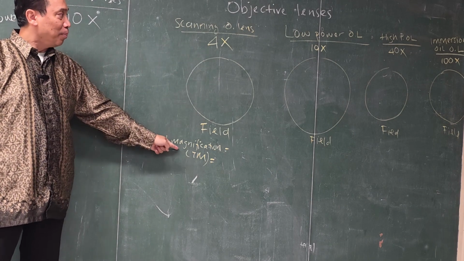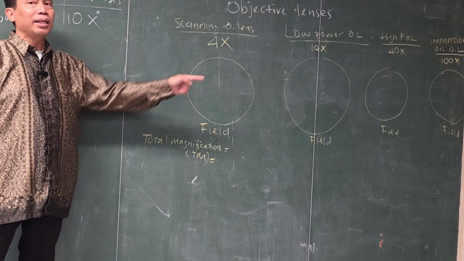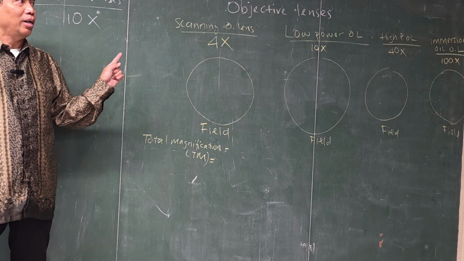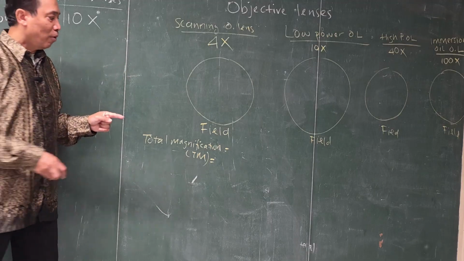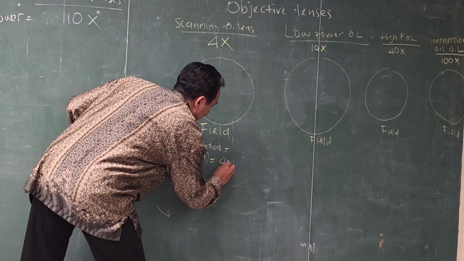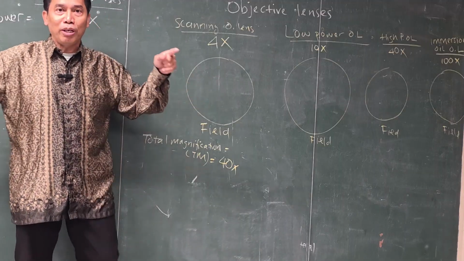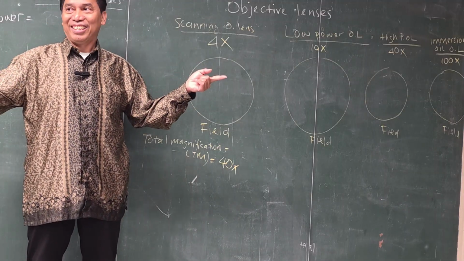Now what is the TM going to be if you use the scanning lens? 10 times 4. How many times? 40 times. So the object that you see using the scanning lens will actually be 40 times bigger.